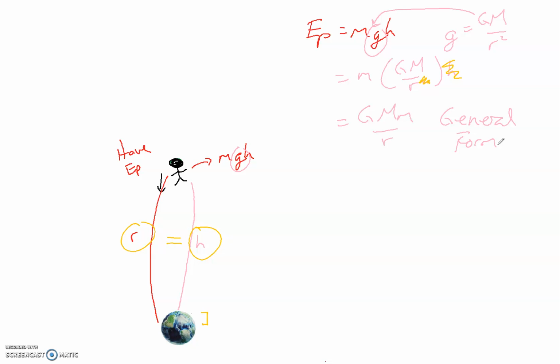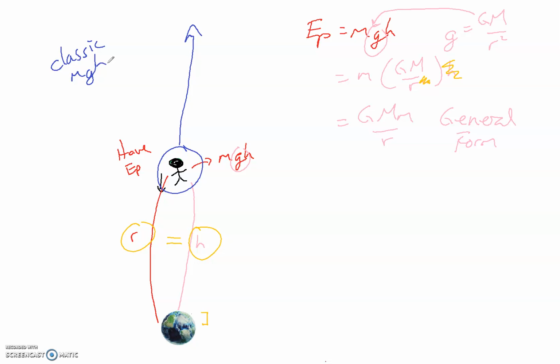Now, one thing you've got to be careful with is how it actually works. If we go back to what you used to do, if we took this guy and moved him farther away from the planet, say he's going higher, in classic mgh, classic potential energy, you'd say his height's bigger, which means he's got more potential energy. But that's not the way it works.